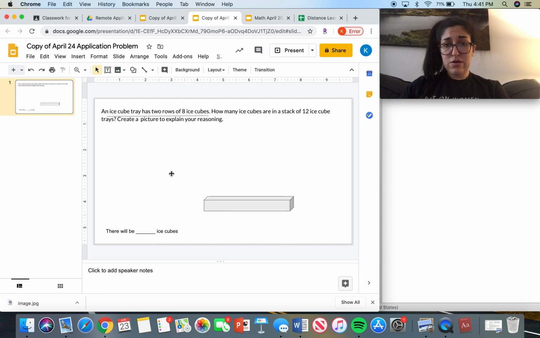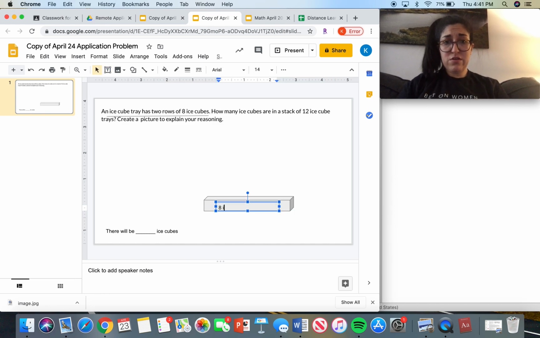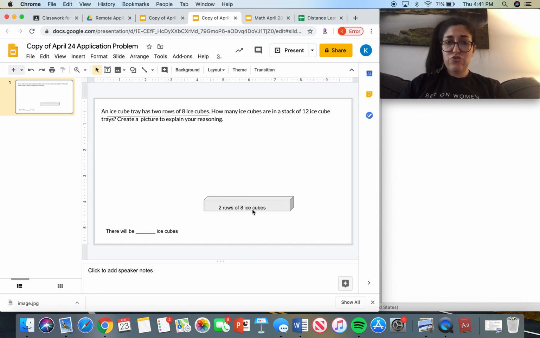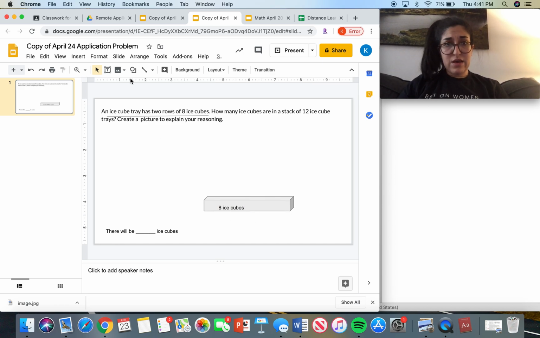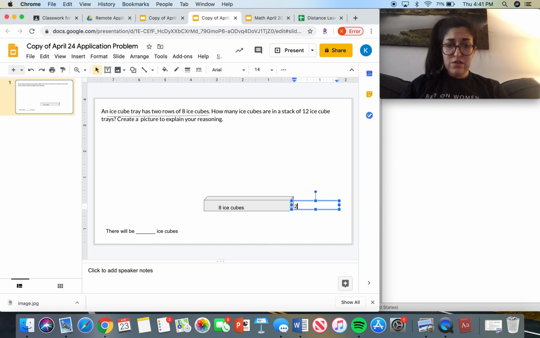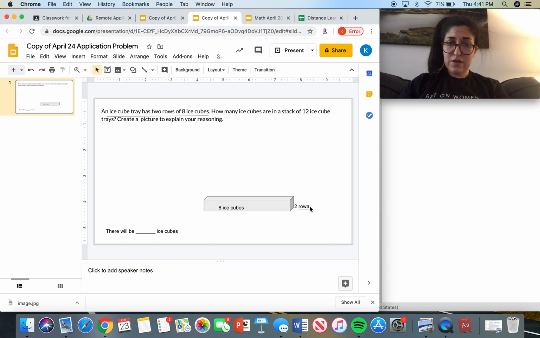Going across here, I have 8 ice cubes, so 2 rows of 8 ice cubes. In this case, you could think about it where this going across is the 8 ice cubes, and this here is the 2 rows.